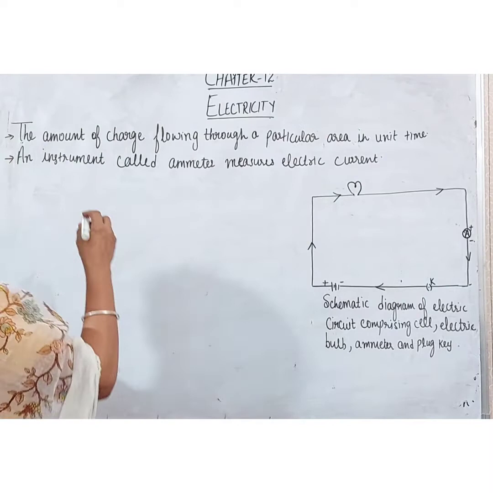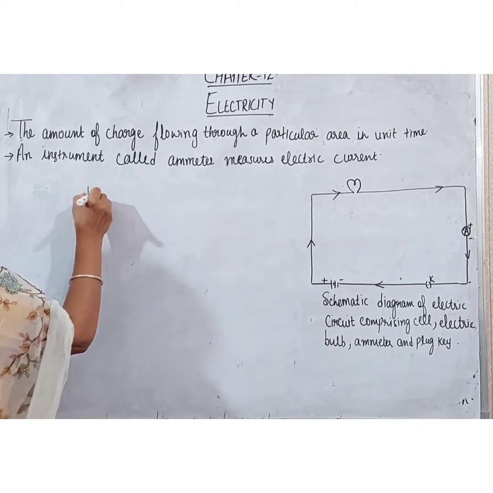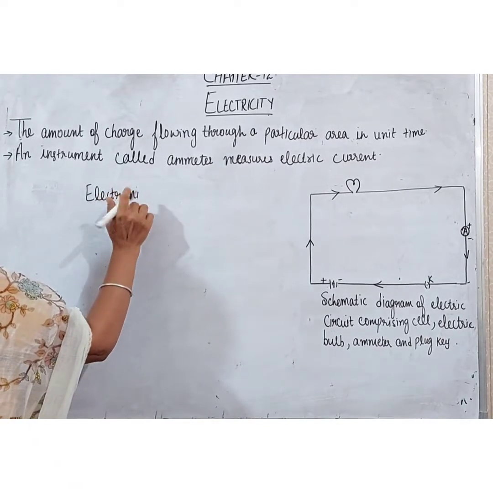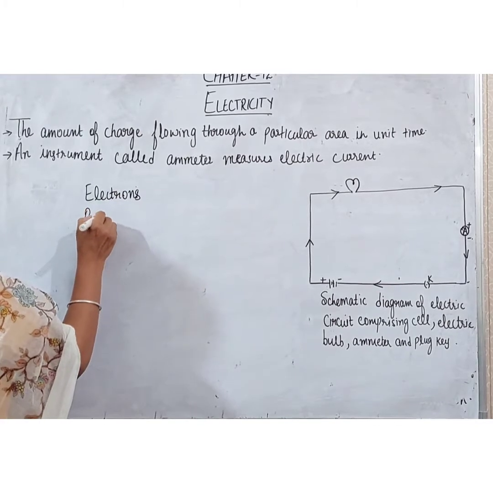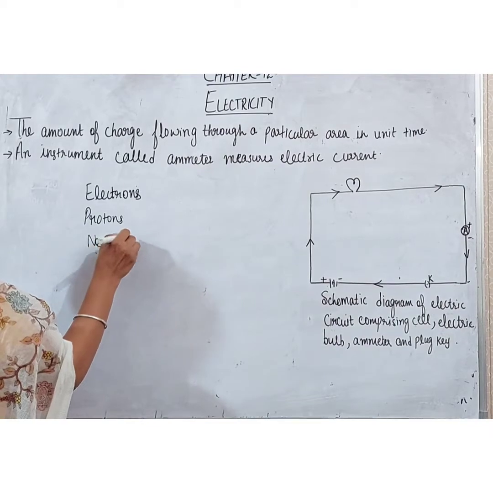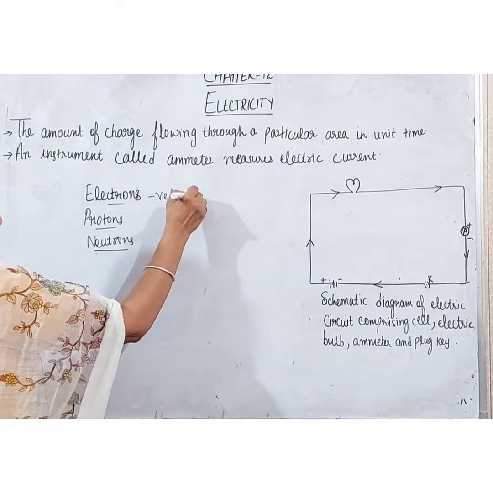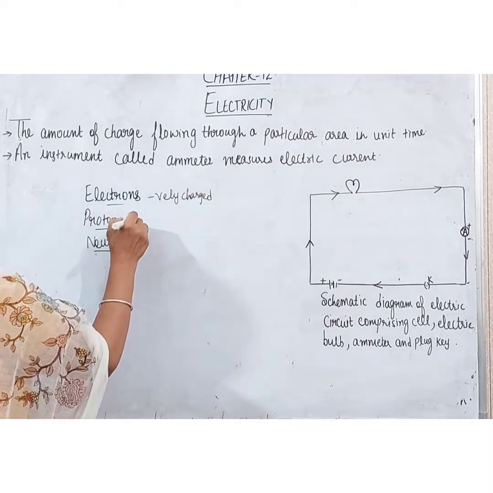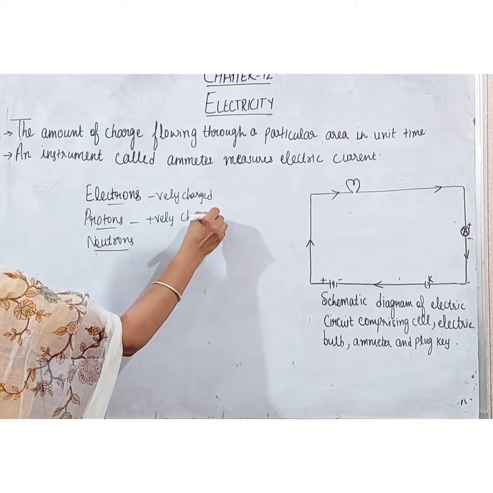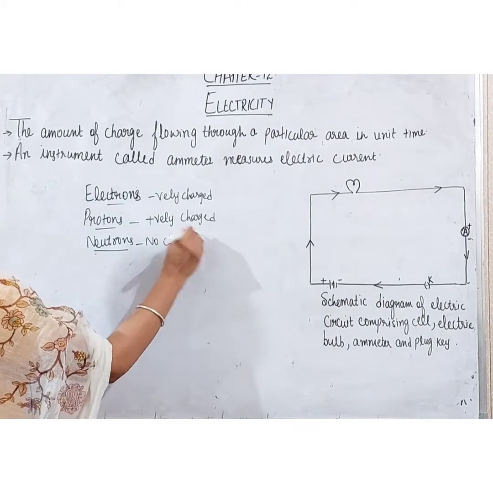The first thing is that you have already studied that there are three types of subatomic particles: electrons, protons, and neutrons. Right students? Electrons are negatively charged, protons are positively charged, and on neutrons there is no charge.